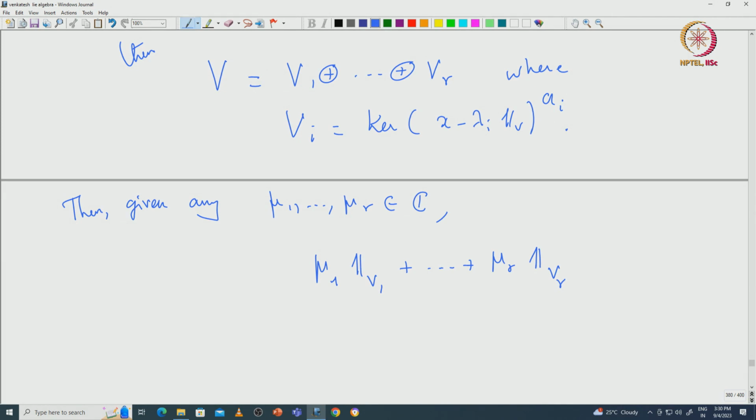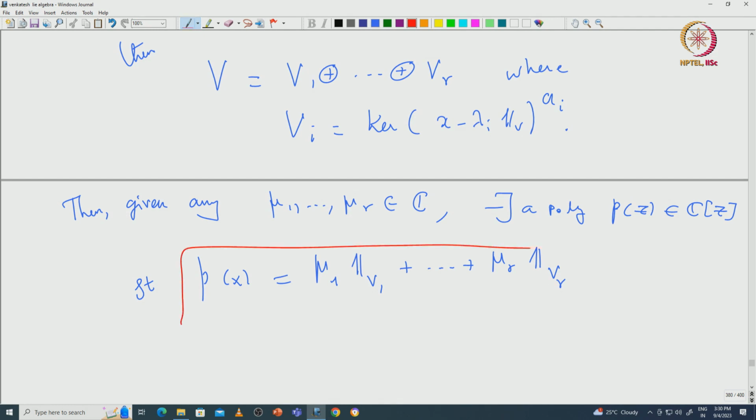We can prove that even this operator, which is a diagonal or diagonalizable operator, also has a polynomial p of z inside C[z] such that p of x will be equal to this operator. This is something we did for the lambda i's, for the eigenvalues lambda i's.